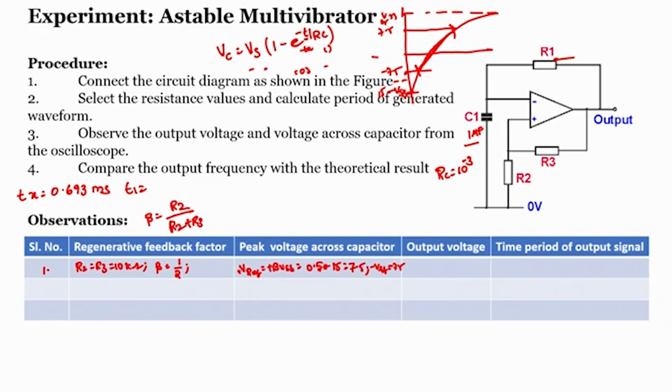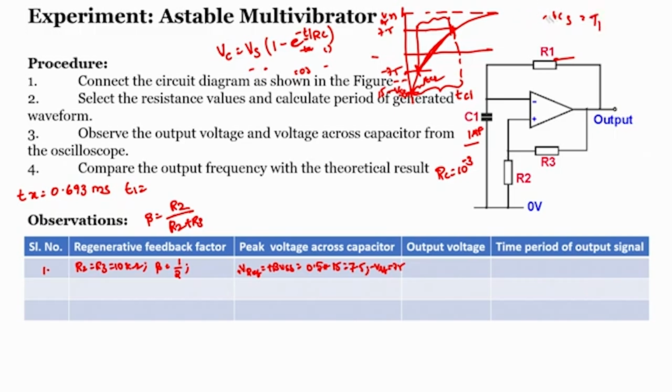In order to find out, first we will calculate the time taken for the capacitor to go from minus 15 to 7.5 as TC1, and we will calculate the time required from minus 15 to minus 7.5 as TC2. So, the difference between TC1 minus TC2 gives our T1.